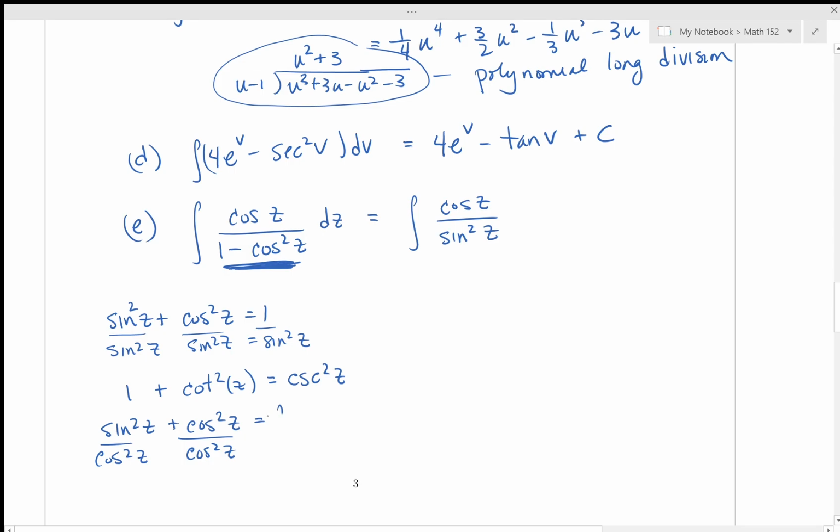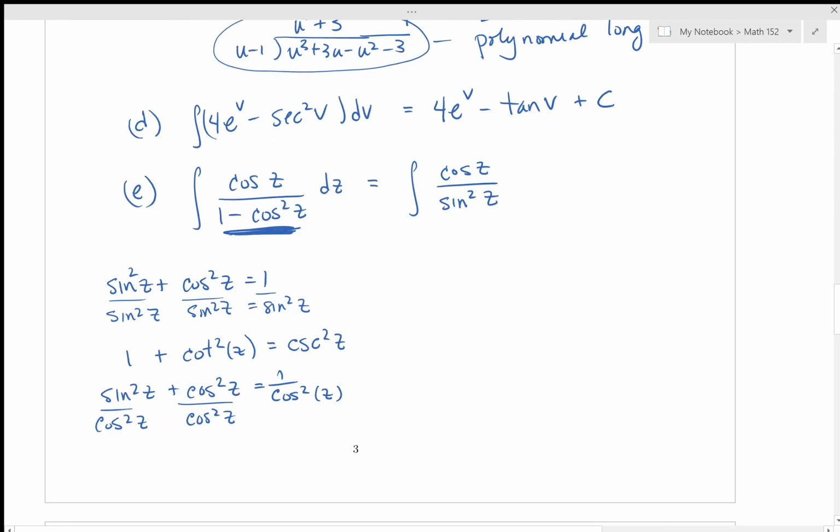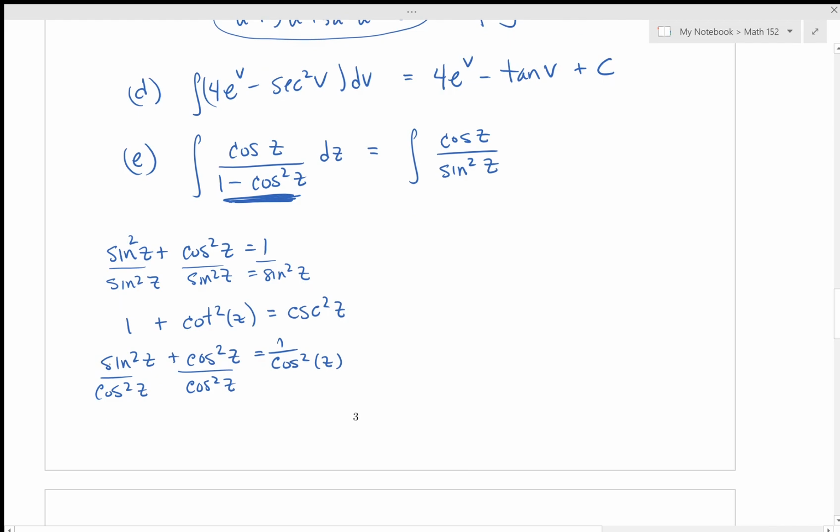I had 1 here, and that allows me to get tangent squared of z plus 1 equals secant squared. So I get a sort of 3 for 1, and the 1 that I start with is just the Pythagorean theorem. Okay, long-winded way of explaining why I replaced 1 minus cos squared with sine squared.